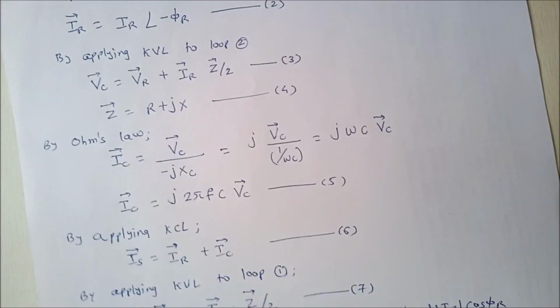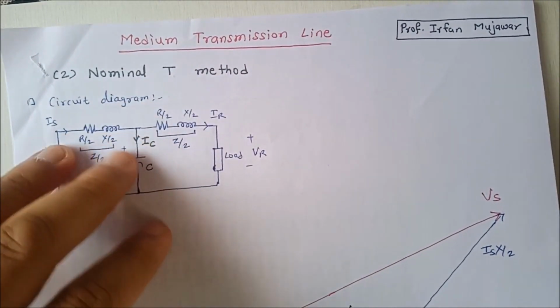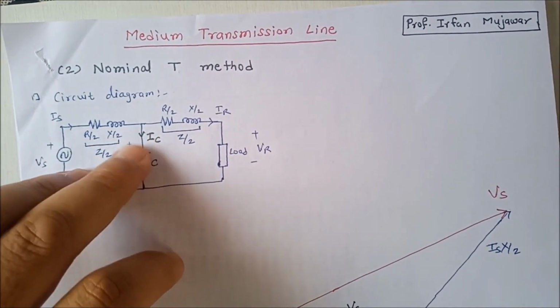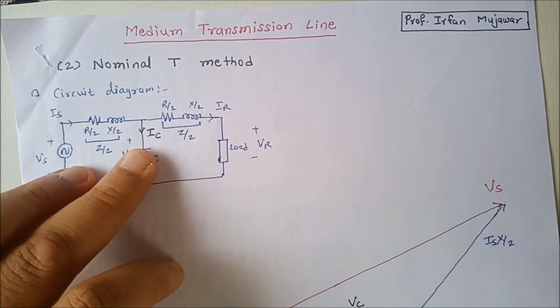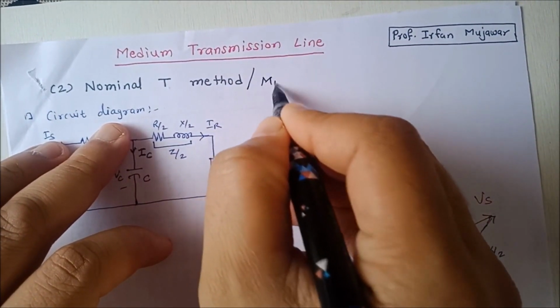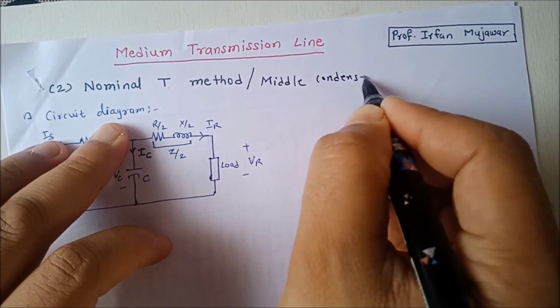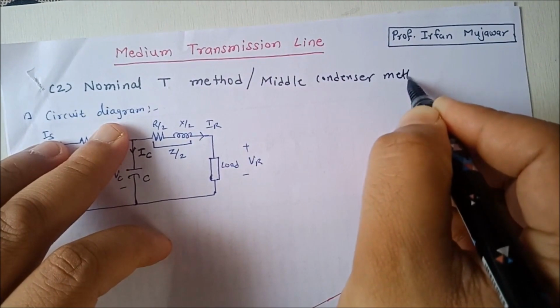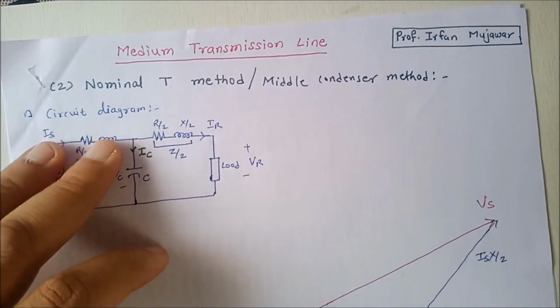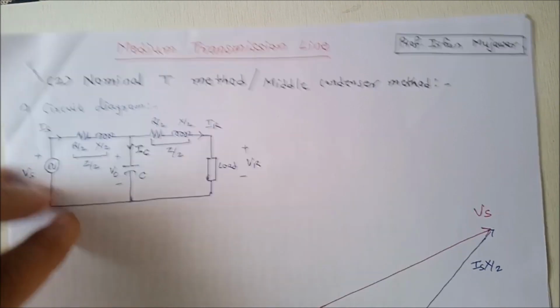In this session we have done the analysis of a medium transmission line using the nominal T method. We have assumed the capacitor to be situated at the middle, so this method is also known as the middle condenser method. It resembles the English alphabet T, therefore it is known as the nominal T method.